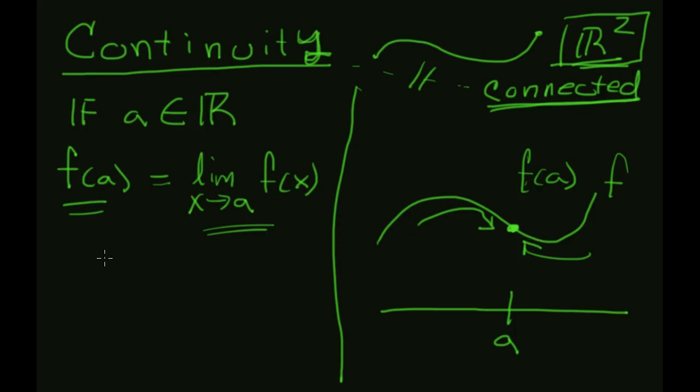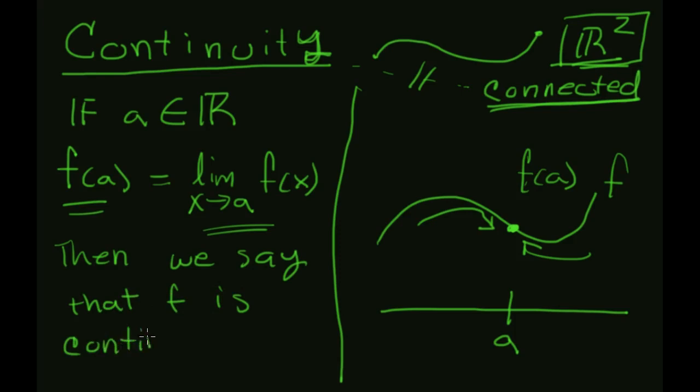Okay, so if this is the case, then we say that f is continuous at a, or when x equals a. So this gives me the idea of being continuous at a point, right? So this point of the function is continuous.